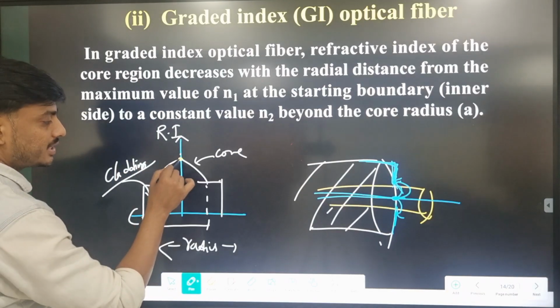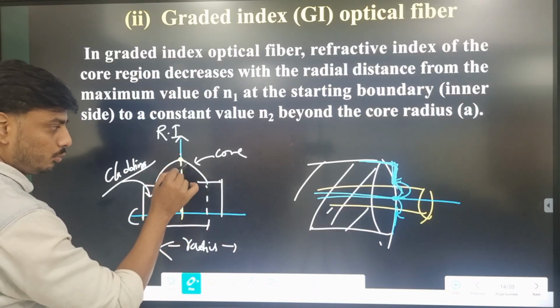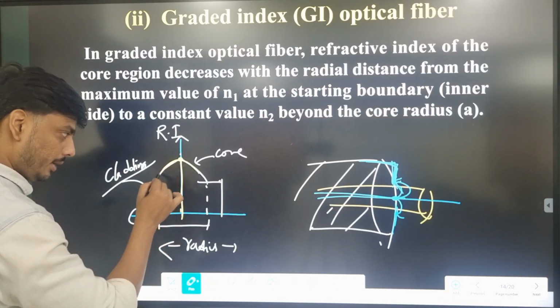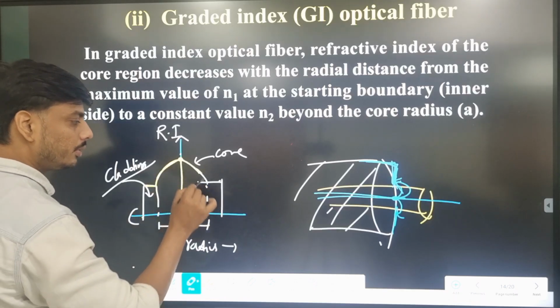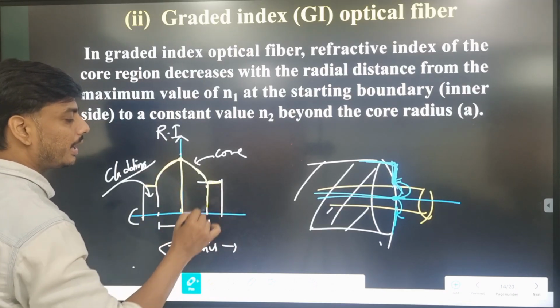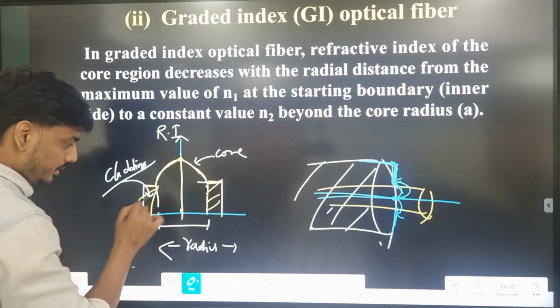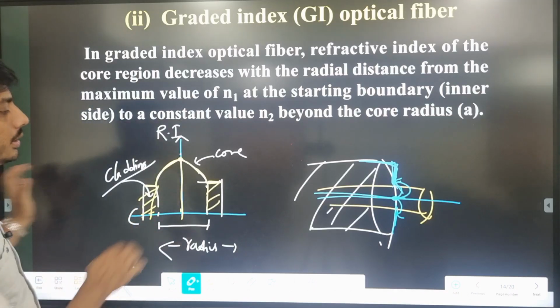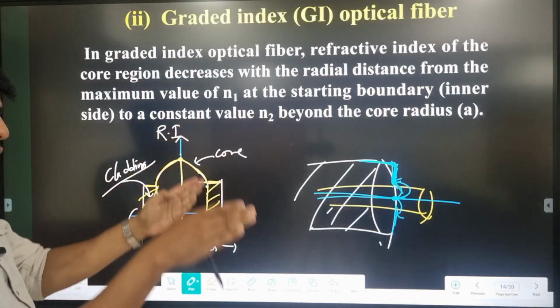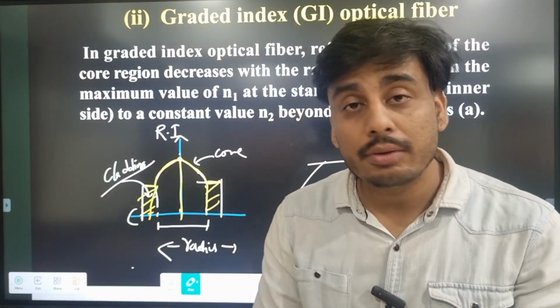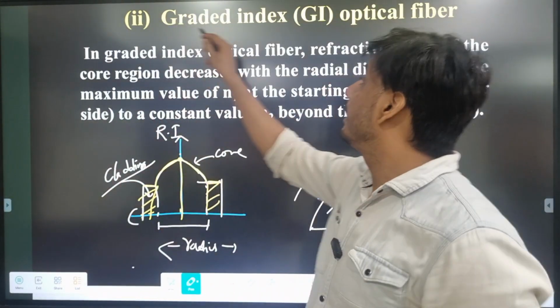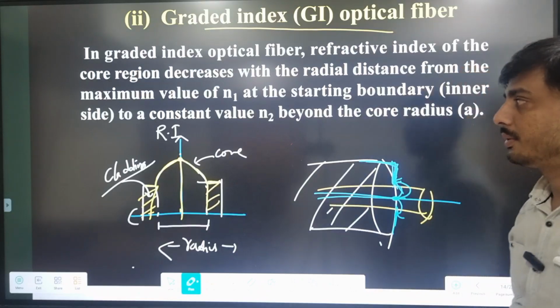Initially it will have maximum value at the center. As we move on both sides, gradually the value decreases up to a constant value. That constant value is nothing but the refractive index of the cladding. This is the cladding region. In the core region there is a gradual fall of refractive index. Since the value gradually decreases, this is a graded index optical fiber.